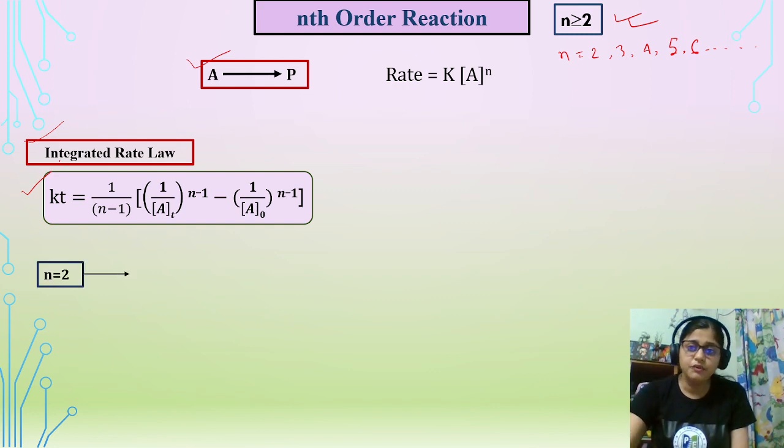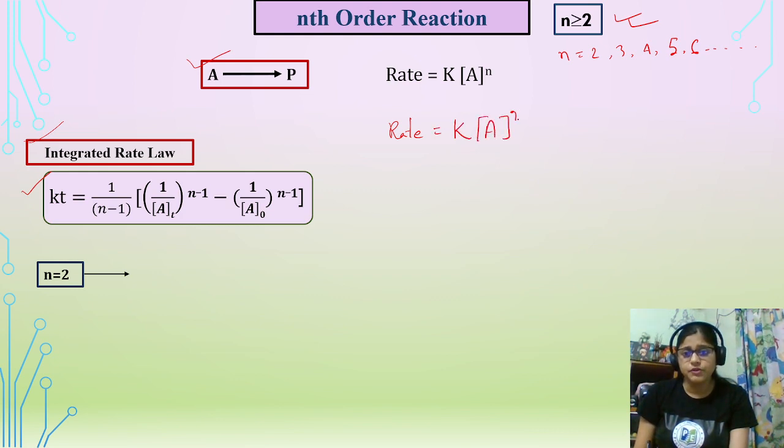We have just now shown you the integrated rate law after many calculations and integration, which was for rate equal to k A to the power 2. We have shown it to you, right? So let's try to calculate it in this manner.